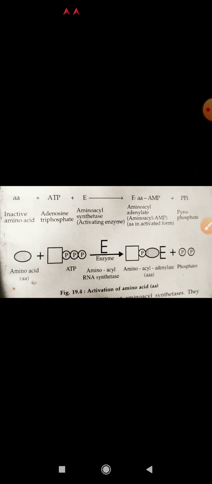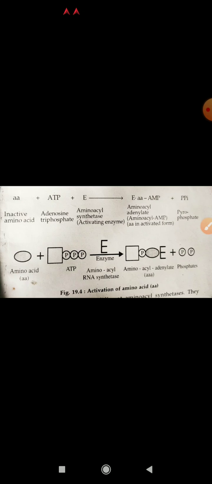You know 20 different amino acids are there in the cell which are necessary for protein synthesis. Amino acids occur in the cytoplasm. They are in the inactive state and they are incapable of attaching to the respective tRNA.